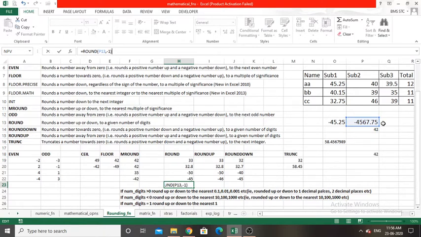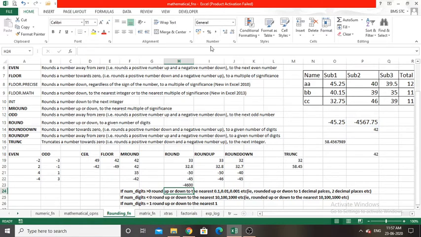So what will be the output? -4570. See, it is -4570. If I pass -2, then it will take hundreds. So it will add this value plus 100. So what is the answer? 4600.